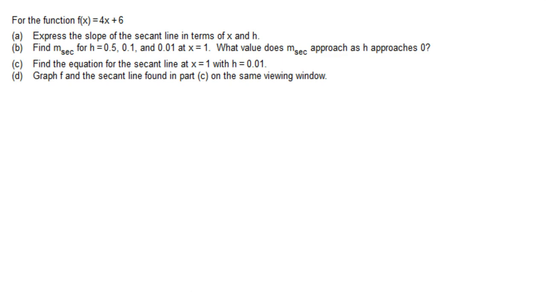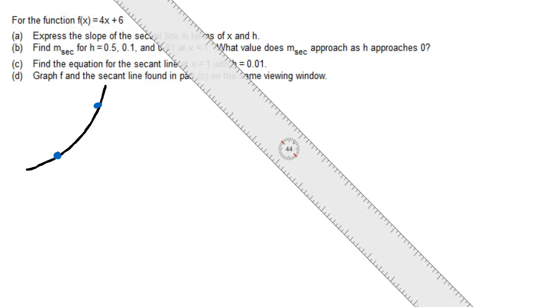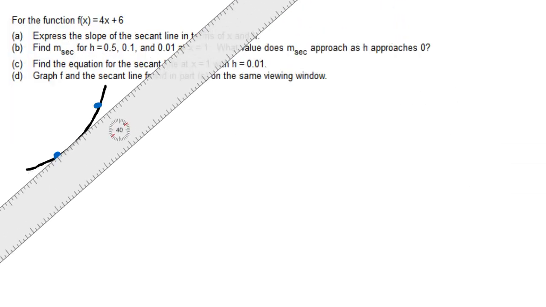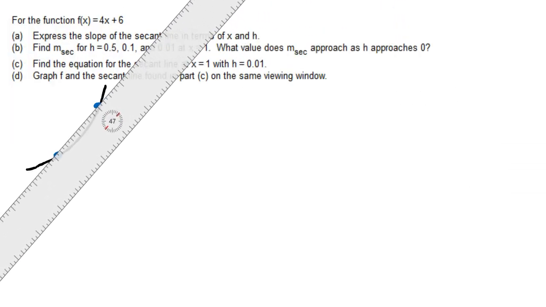So a secant line is when you have a curve, let's say this curve here, and you're going to choose 2 points on that curve, and then draw a line connecting those 2 points.